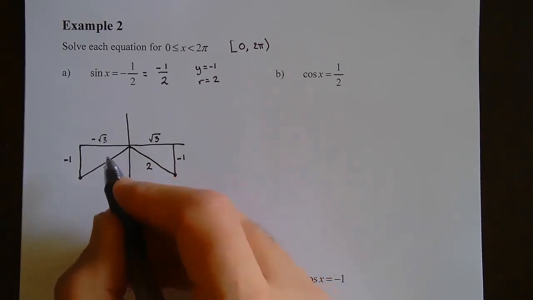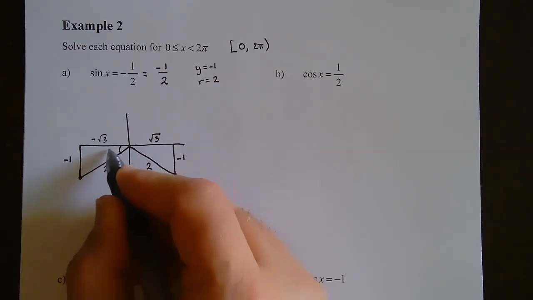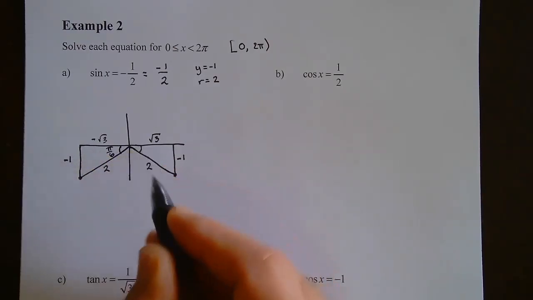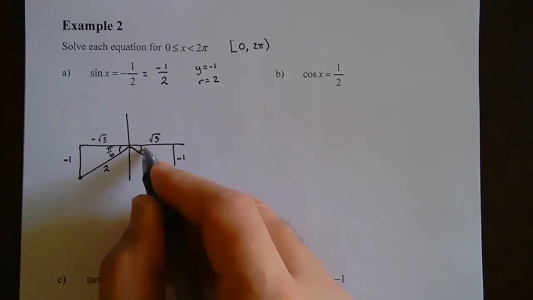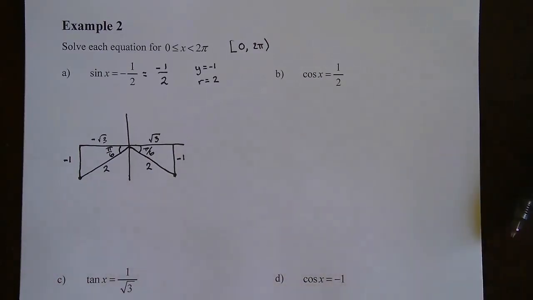So that would mean this angle of the triangle is pi over 6, and this angle opposite the 1 also has to be pi over 6. Now, what's our angle of rotation? I need to get my red pen to show you the angles. Just a second.